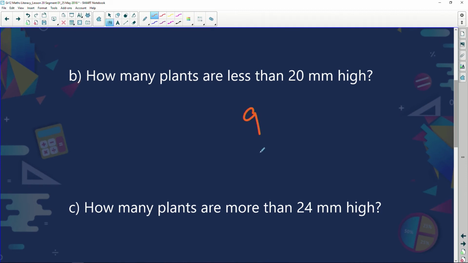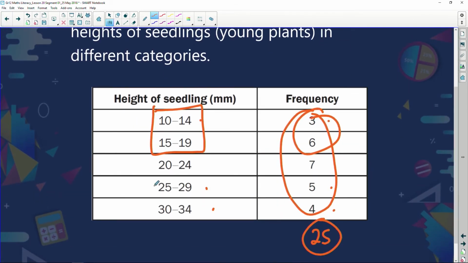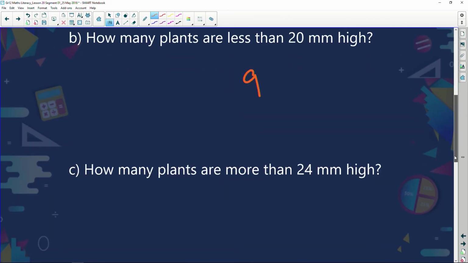How many plants are more than 24 millimeters high? So more than 24 are going to be these guys. And you can see that there are 5 between 25 and 29, and 4 between 30 and 34, giving us a total of 9 plants. Okay, straightforward, guys.